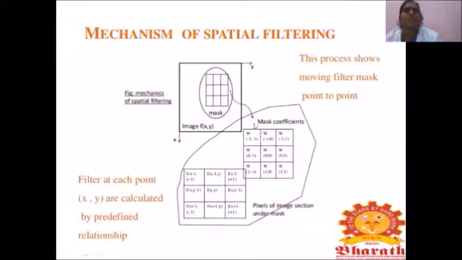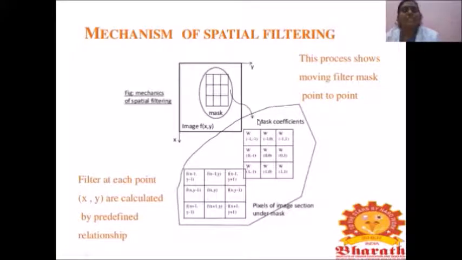The mask is represented as w of minus 1 comma minus 1, minus 1 comma 0, minus 1 comma 1, again 0 comma minus 1, 0 comma 0, 0 comma 1, and 1 comma minus 1, 1 comma 0, 1 comma 1, right? So this is the mask coefficients, and this is the image pixel section: f of x minus 1, y minus 1, f of x minus 1, y. Like this we write the image pixels.